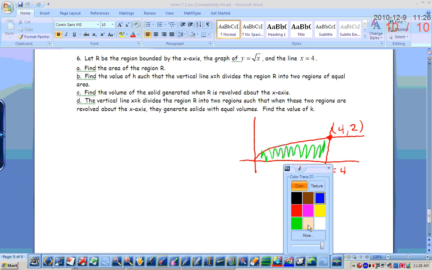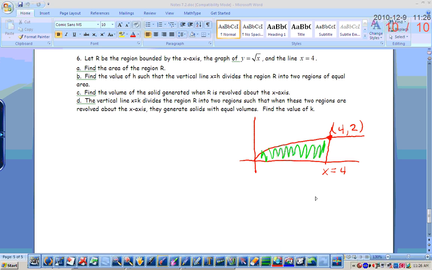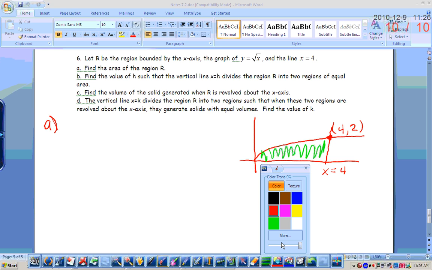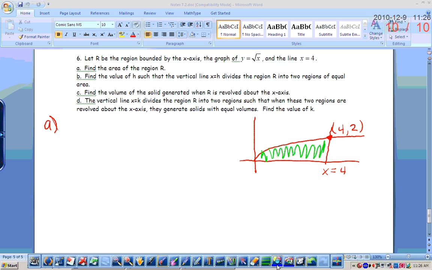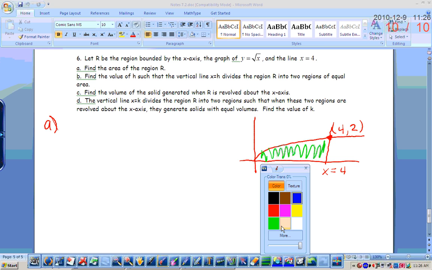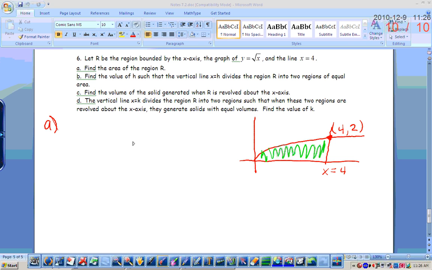Okay, A, find the area of region R. This is a good quiz review. All right, on your own, write out the integral and use your calculator to find the area of A. And you could use a horizontal or a vertical rectangle. Doesn't really matter.